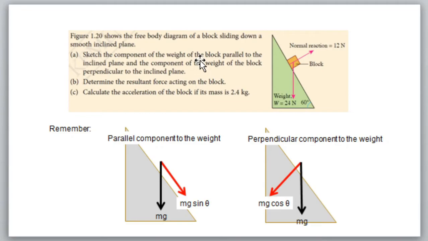Also sketch the component of weight of the block perpendicular to the inclined plane. For the first question, remember the parallel component of the weight is mg sin theta and the perpendicular component of the weight is mg cos theta, and theta is measured from mg to the force which is perpendicular to the plane.